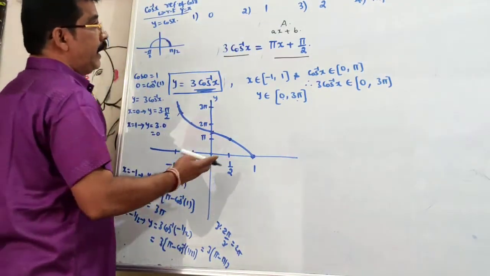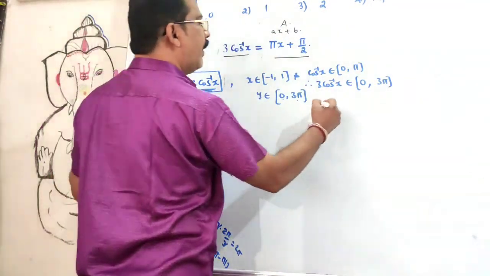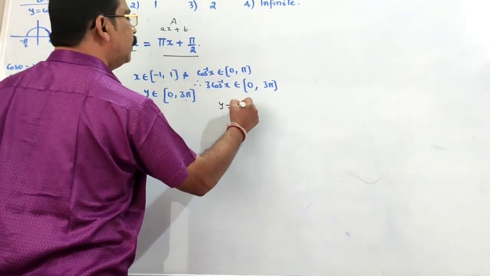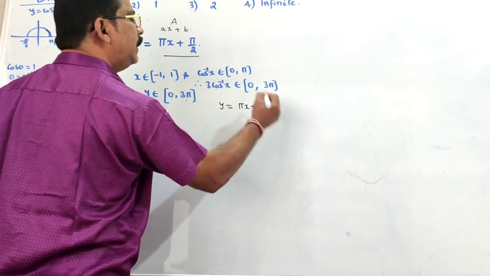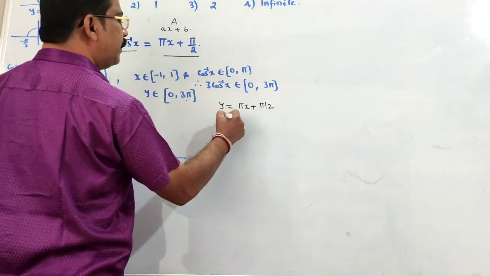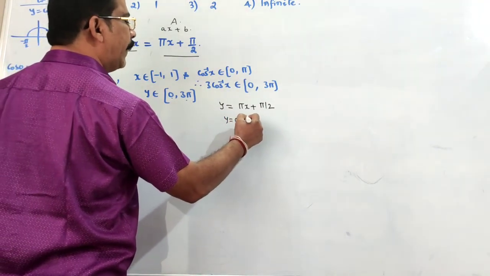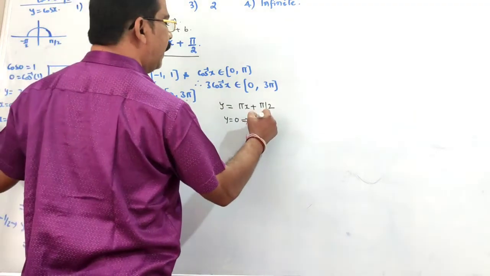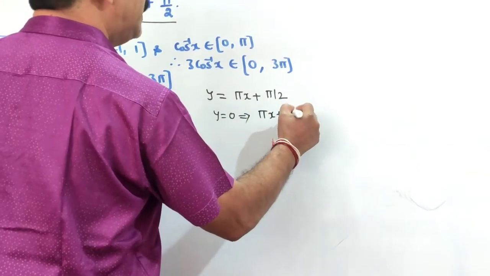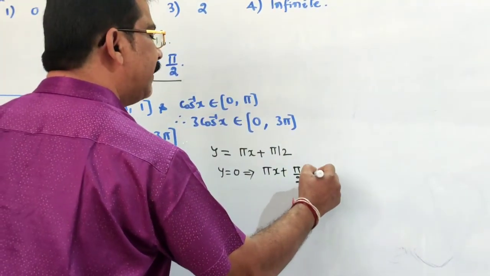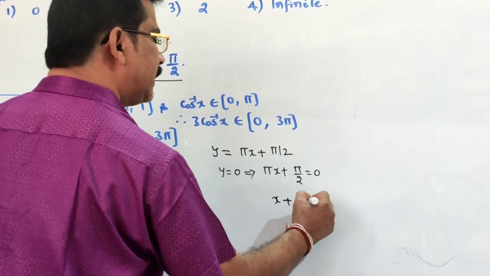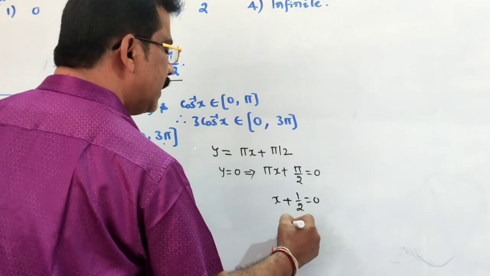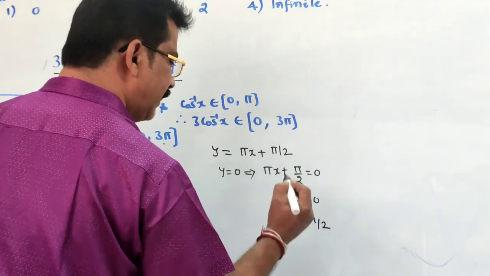Next, draw another graph: y equals pi x plus pi by 2. For example, put y equal to 0. Then pi x plus pi by 2 equals 0. Then x plus 1 by 2 equals 0, the pi cancels. Then x equals minus 1 by 2.